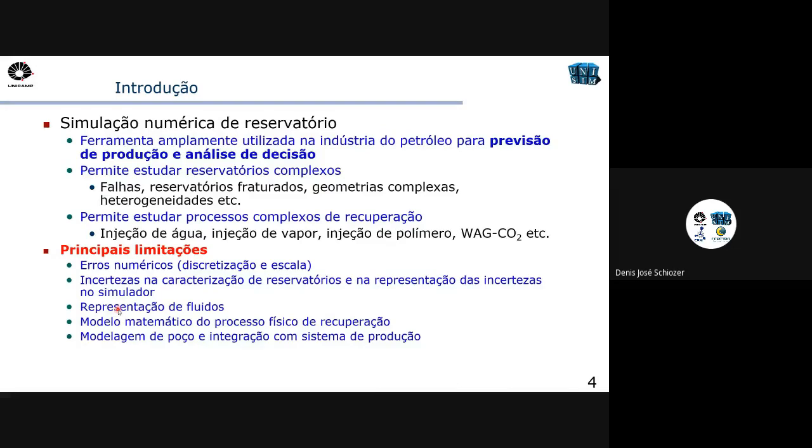So don't trust 100% in the simulation models, but learn how to understand the effect of these limitations and how to use these limitations in your procedures.